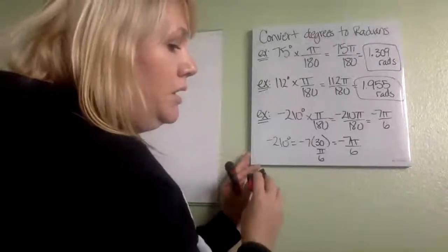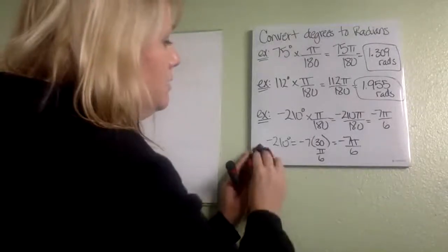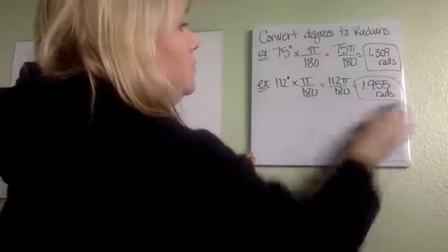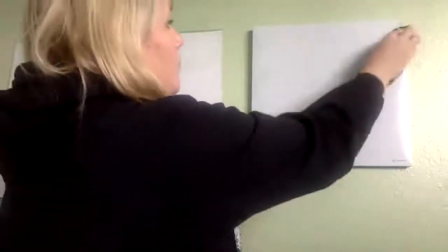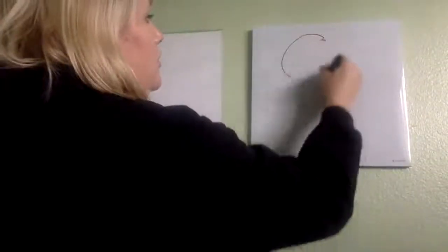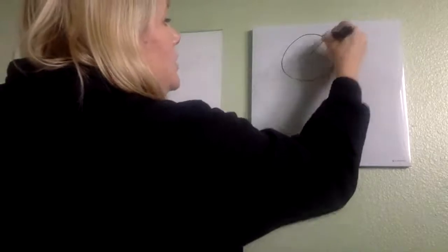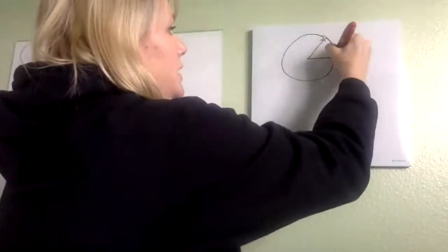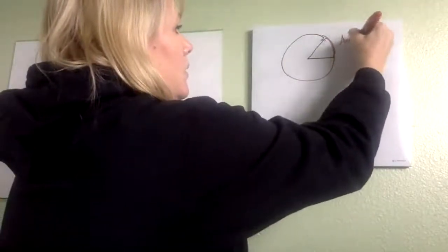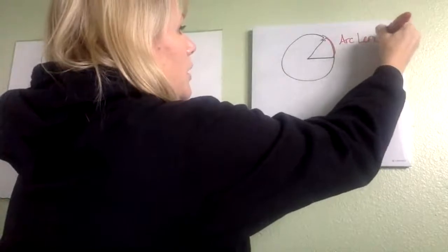I have one more thing, which is arc length. So I'm going to erase this. Arc length, what we're referring to in a circle, this is probably not a very good circle, here is what's called an arc. And the arc length, which would be this piece here, is what we're looking for.